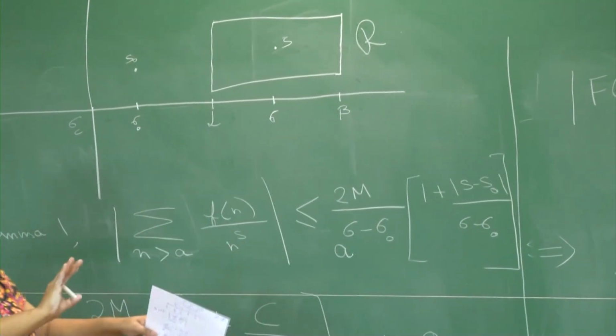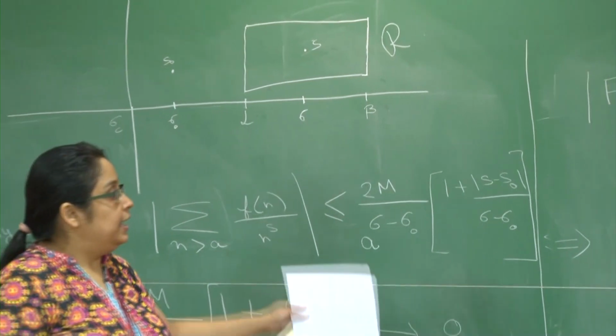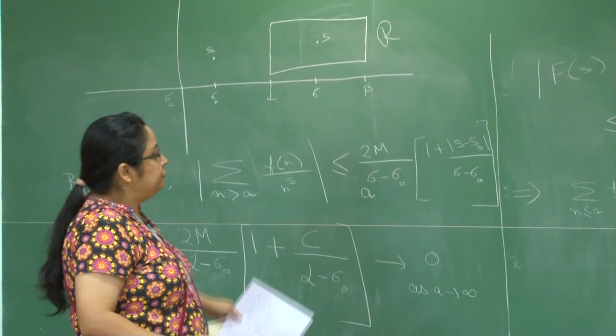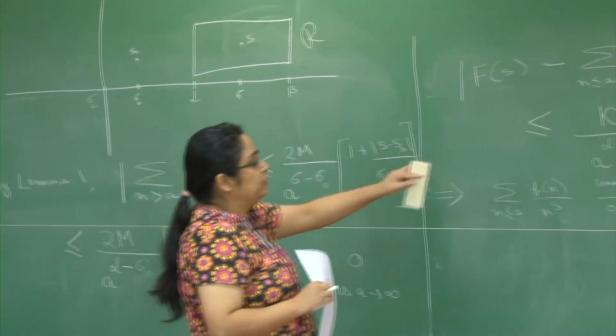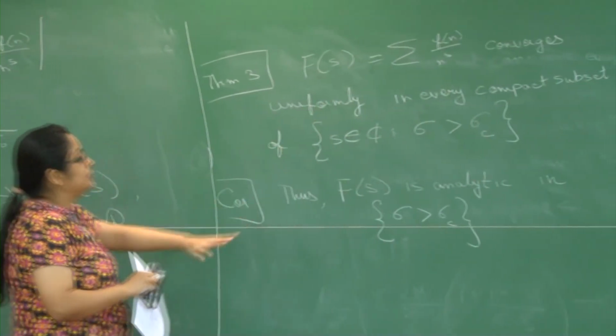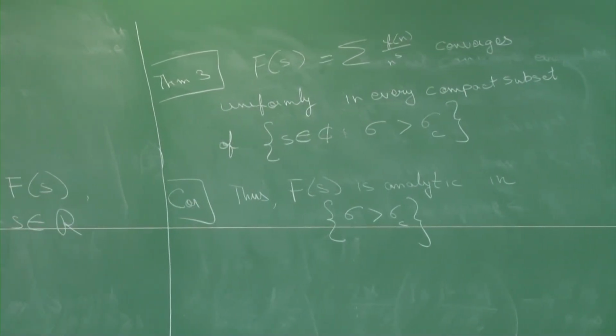This argument will work for any rectangle on the right of the half plane of convergence, right? And therefore, what you have shown is that this series converges uniformly in any compact subset in the half plane of convergence.